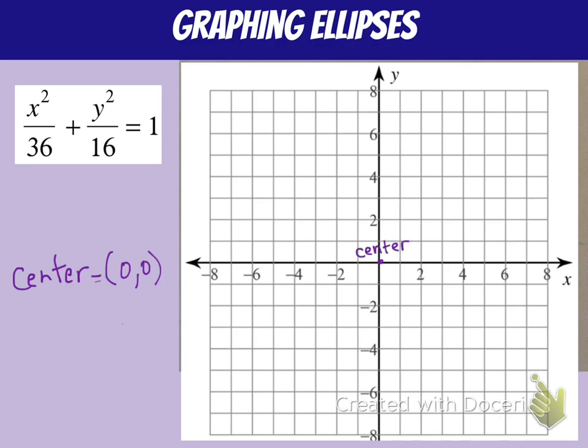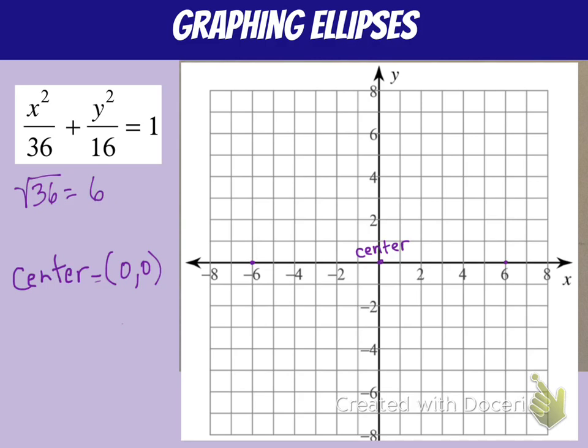Now, I'm going to follow along the x-axis first, and I'm going to indicate how far I need to move by taking the square root of 36, which is, that's right, 6. So go to your x-axis. We're going to count 6 to the right here, 6 to the left here.